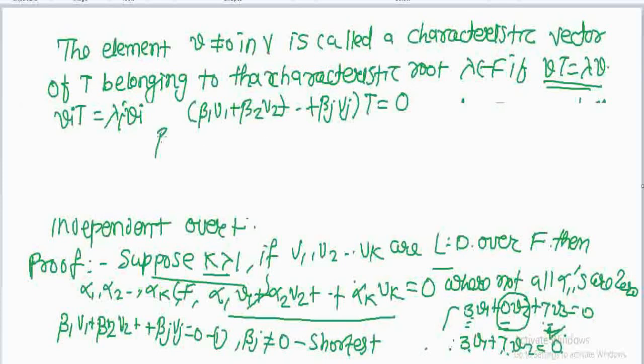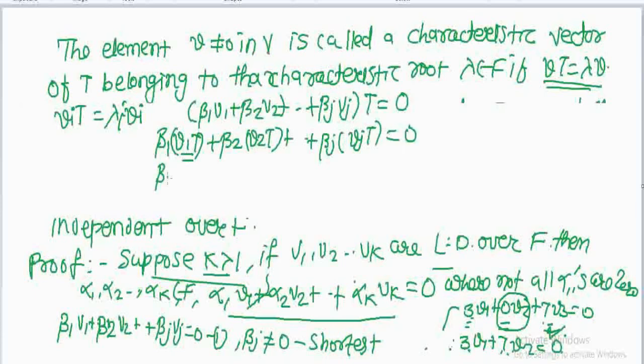This is beta 1 T of V1 plus beta 2 T of V2 plus beta j T of Vj equal to 0. But T of V1 equals lambda 1 V1, so this becomes beta 1 lambda 1 V1 plus beta 2 lambda 2 V2 plus beta j lambda j Vj equal to 0. This is my equation number 2.